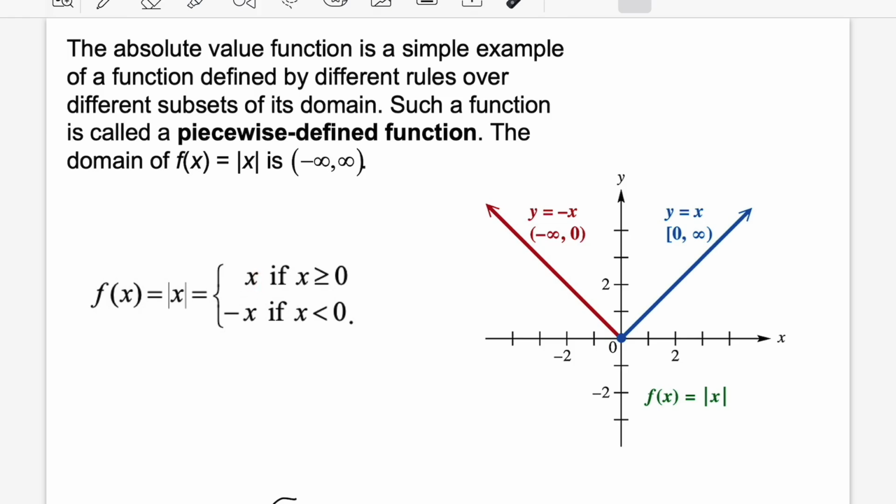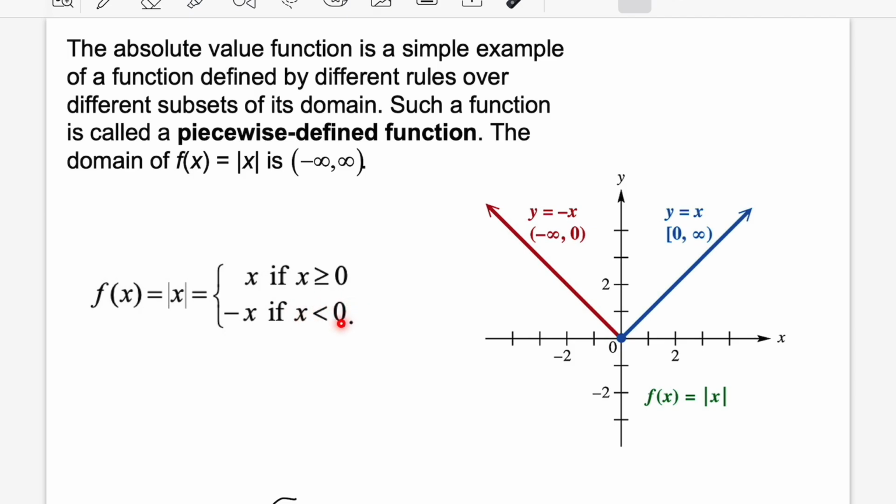We can see this by looking at the graph. In this region, we have all positive values of x, and we're including 0, that's why we have this closed circle here in blue. So for all values of x greater than or equal to 0, our output is just x. Y is equal to x.